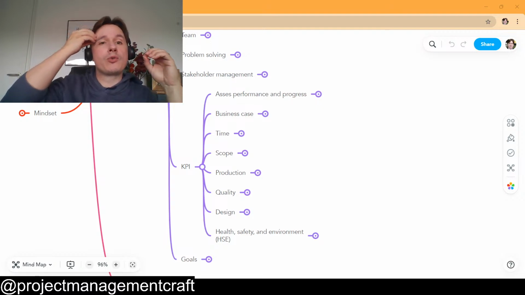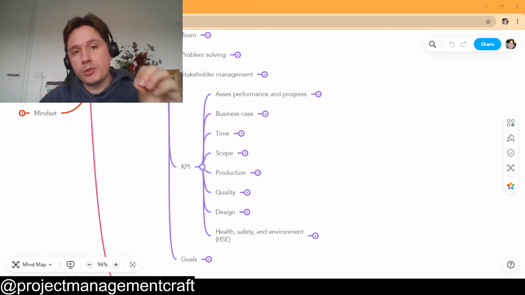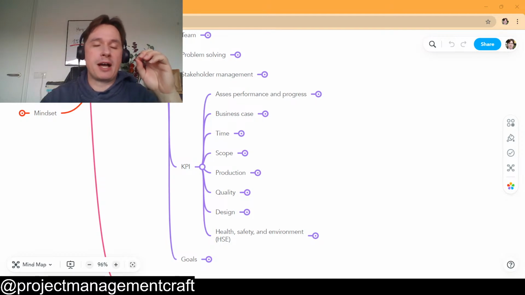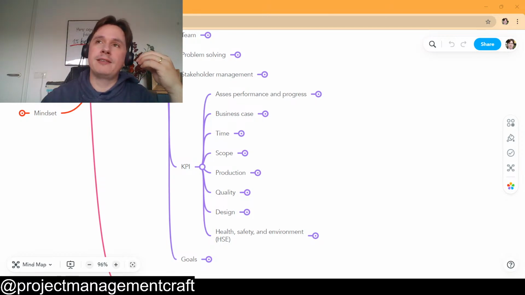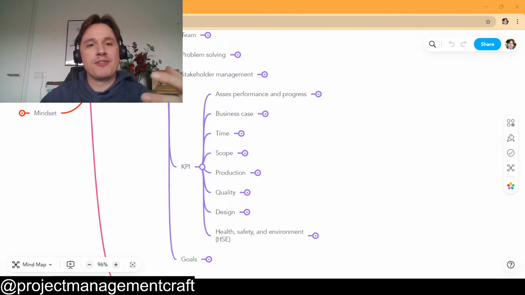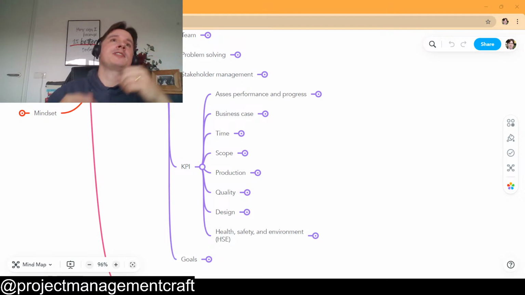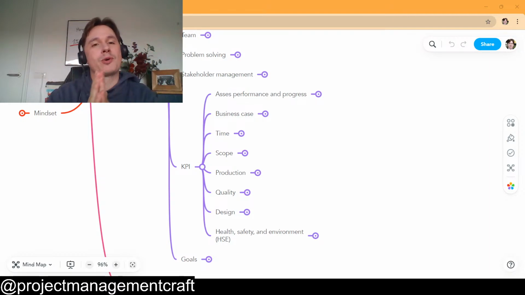So you need to focus on KPIs that focus on contribution, and this contribution needs to be measured against the value for the project. I've also seen this with key performance indicators in one of the companies I worked at.